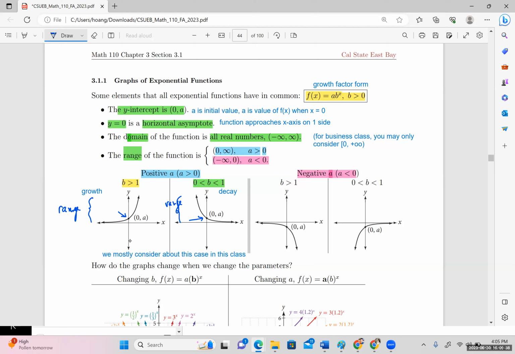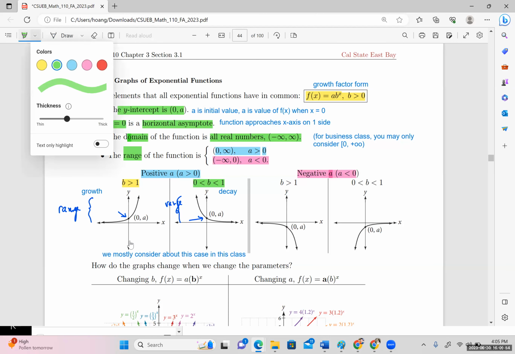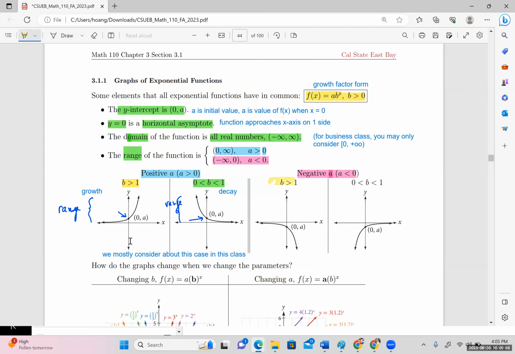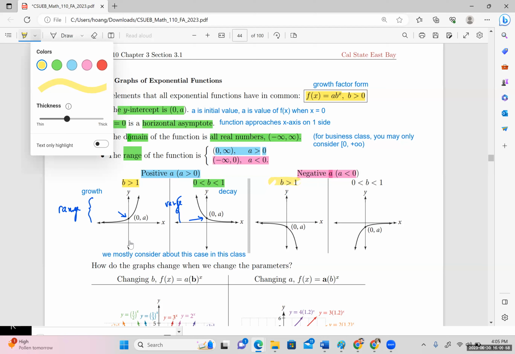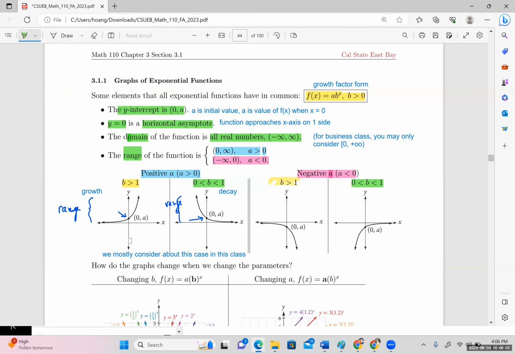However, since we need to learn a little bit more math, let's also touch on negative things. In the case with negative a, we also split into two cases. The first case is when you have b greater than 1, and the second one is b between 0 and 1.